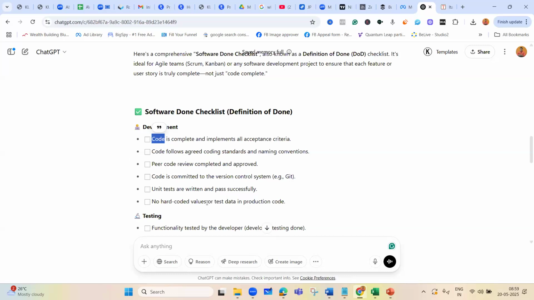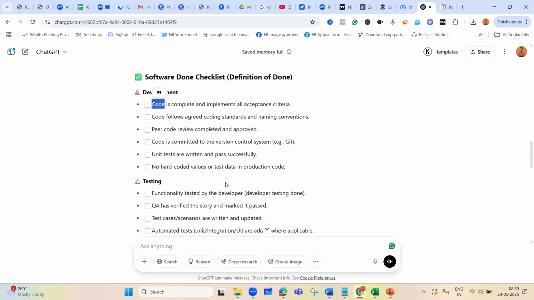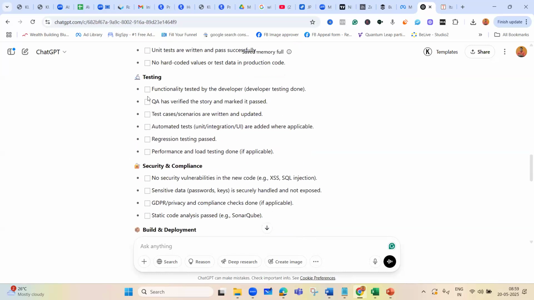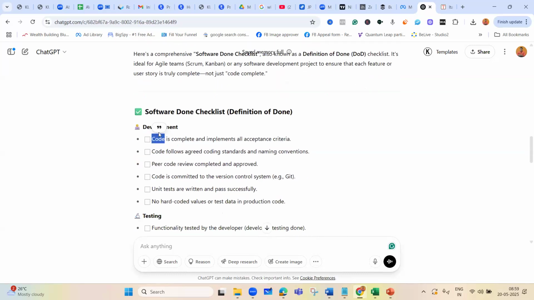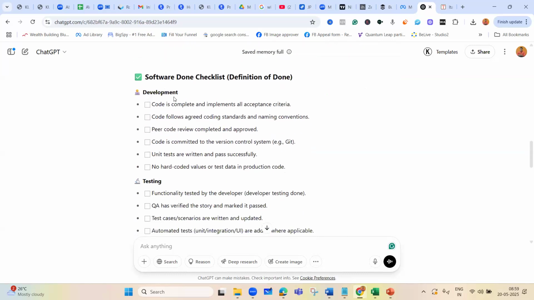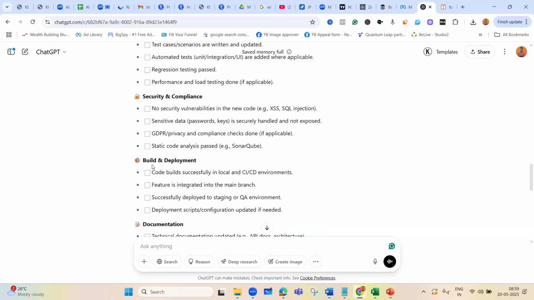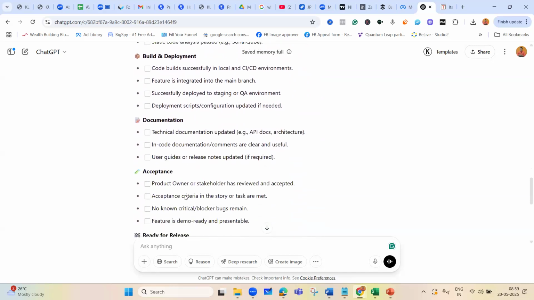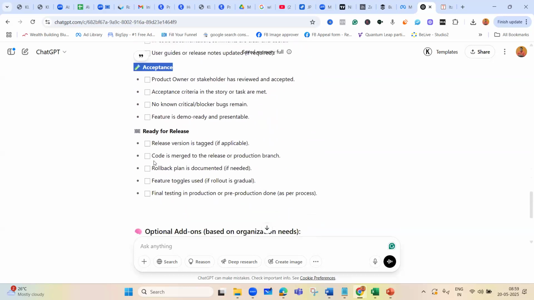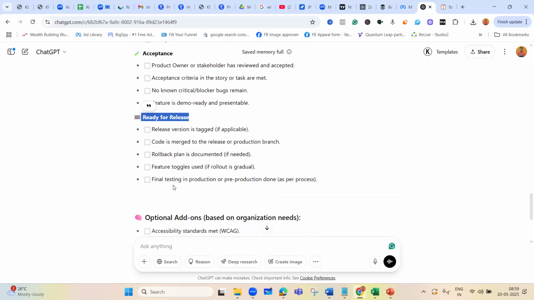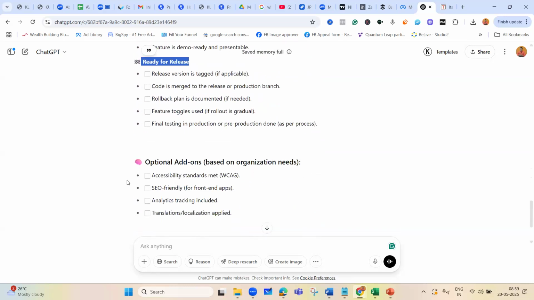Peer code review, no hard coded value or test data in the production code. Now, every branch has to be covered with their checklist. Development branch, testing branch, security and compliance branch, build and deployment branch, documentation branch, acceptance testing branch, ready for release branch. Okay, and these are few optional, and if it is required, like definition of done.